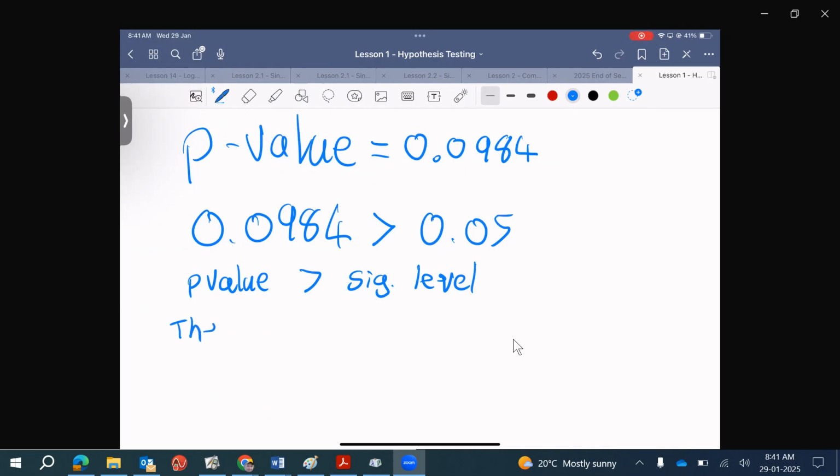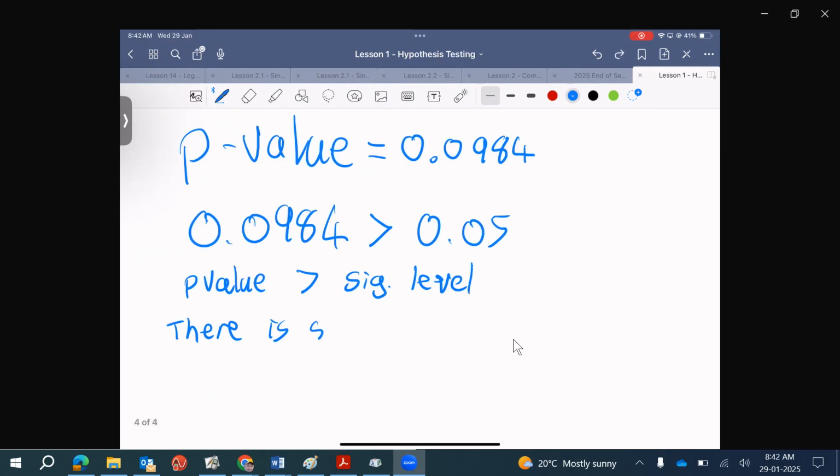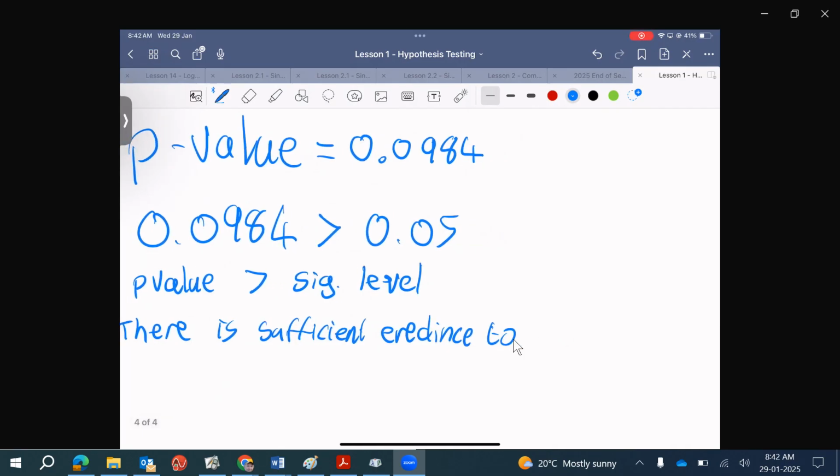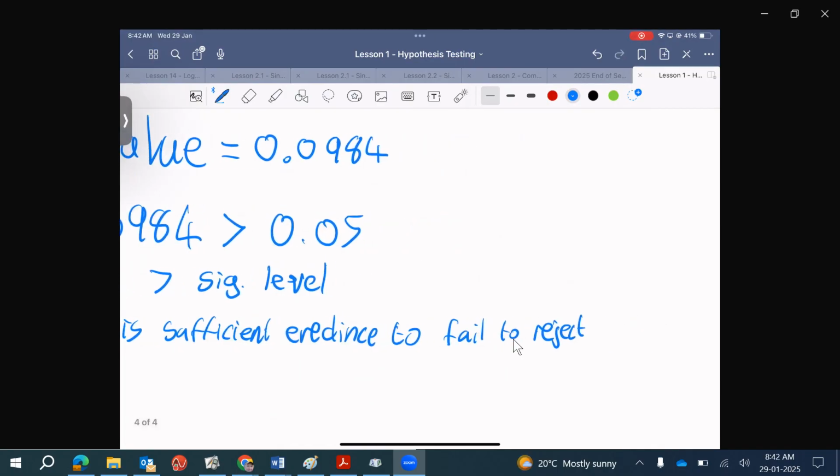There is sufficient evidence... What is the opposite of rejecting the null? Failing to reject. There is sufficient evidence to fail to reject H0.